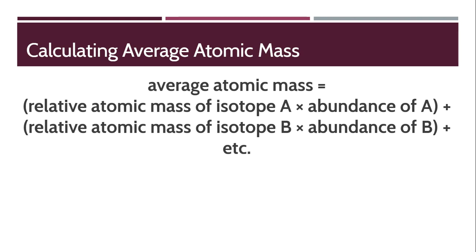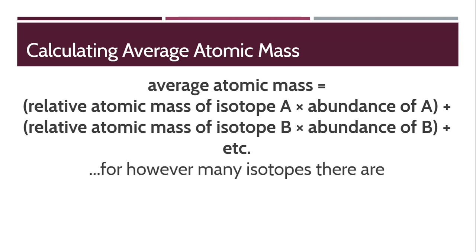And we add to that the relative atomic mass of the next isotope times the abundance of that isotope. And we just keep adding those together for however many isotopes there are. And there's usually 2, 3, sometimes 4 or 5, but not any more than that.